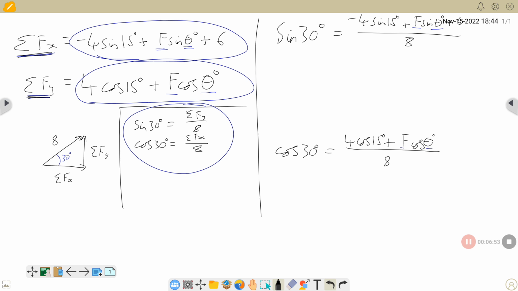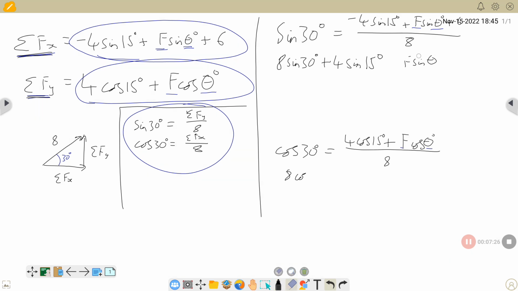Let's rearrange these. So I'm just going to take all of the knowns over to one side. For this first equation, I can multiply both sides by 8 and add 4 sine 15. That would look something like this, equals f sine of theta. And same for the second equation. Oh, hang on, I've missed out the plus 6.